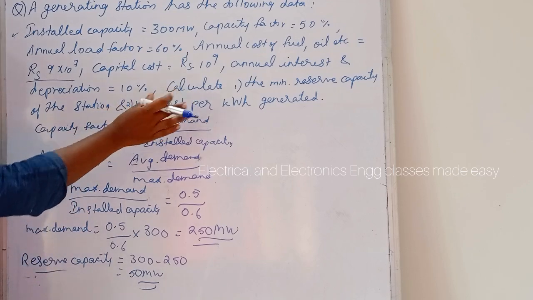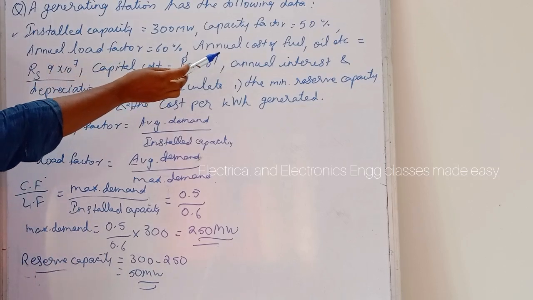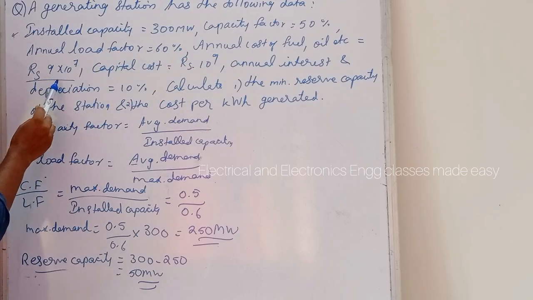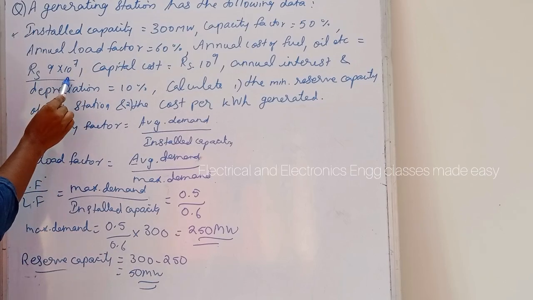So to find the cost per unit generated, we have to find the fixed charges and running charges. And here it is given that annual cost of fuel, oil, etc. is rupees 9 into 10 raised to 7. So it consists of the running charges.